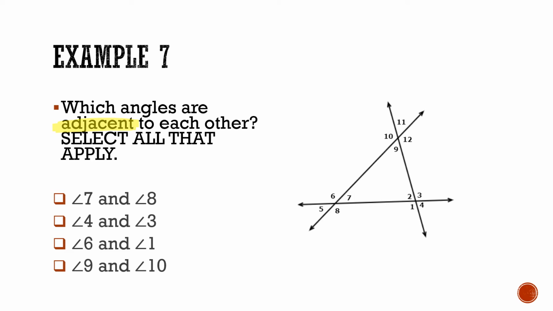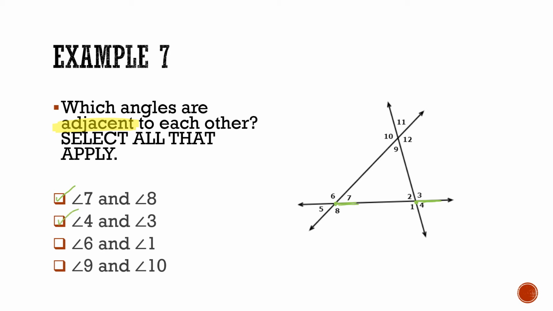Okay, so angles 7 and 8. 7 and 8 are beside each other. They are sharing this vertex and they are sharing this side. So 7 and 8 would be a correct answer. Angle 4 and 3, those are also beside each other. They're sharing the vertex and they're sharing this side.